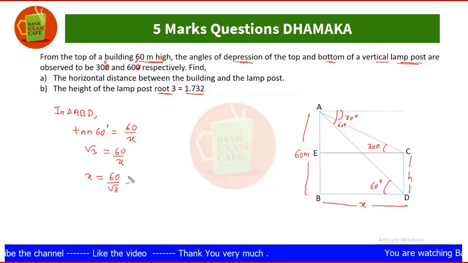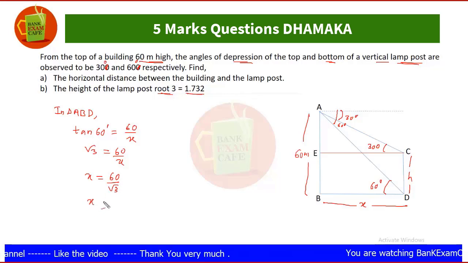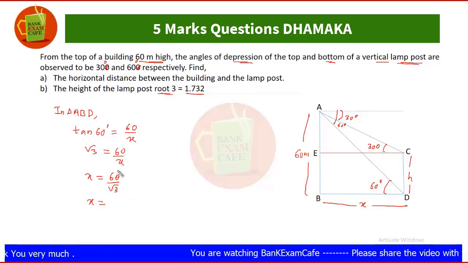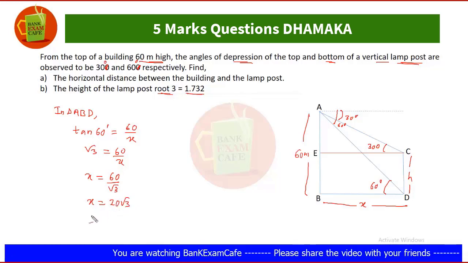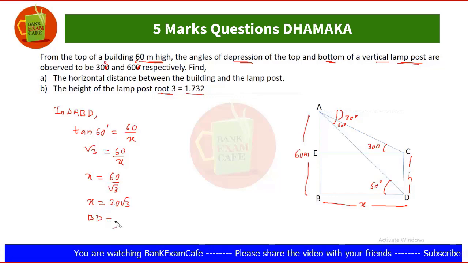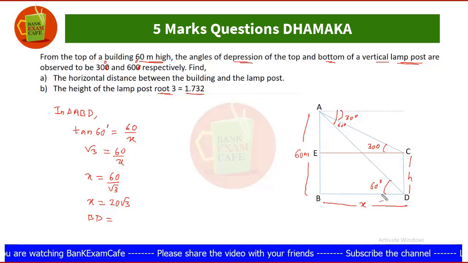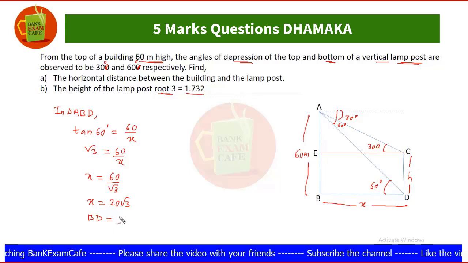Rationalize, so x is equal to 60 by root 3, multiplying numerator and denominator by root 3. Root 3 into root 3 will be 3. 3 twos are 6, 3 zeros are 0, so it will be 20 root 3, and therefore the distance between the foot of the building and the lamp post is equal to 20 root 3.